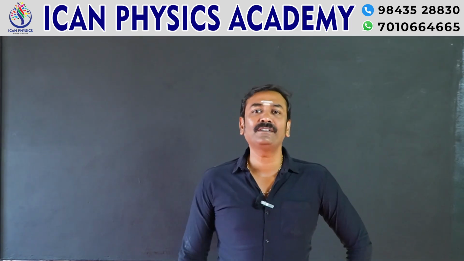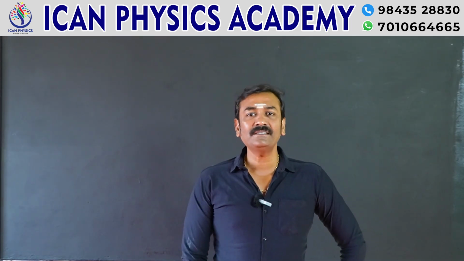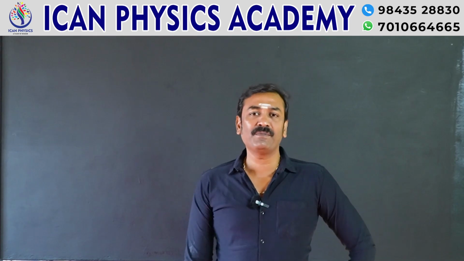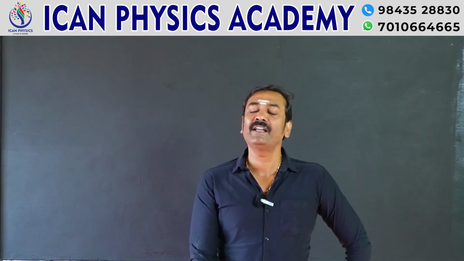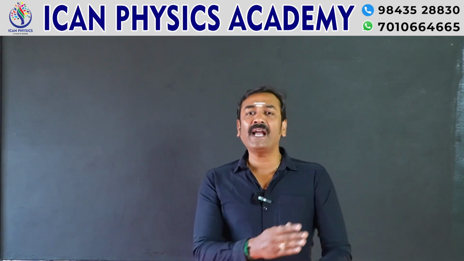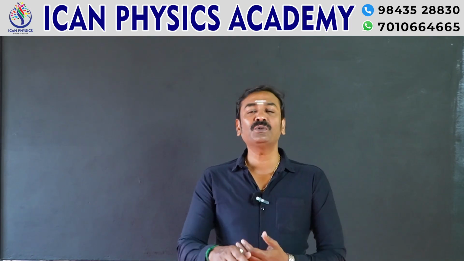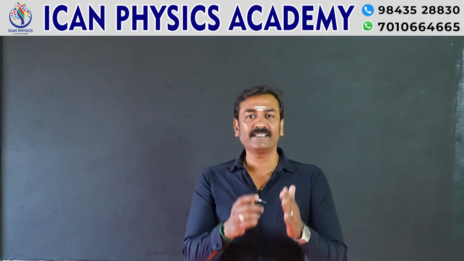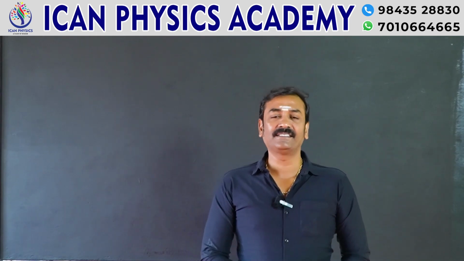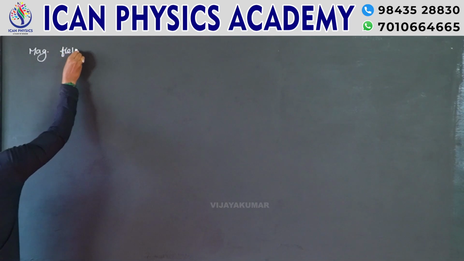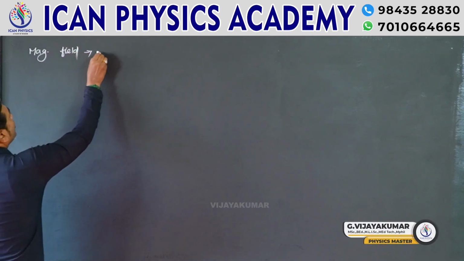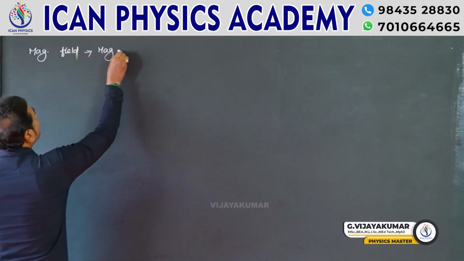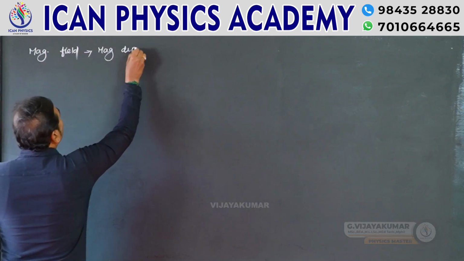Now in this class we are going to see the third lesson, an important 5-mark question. What question are we going to see? Magnetic field due to a magnetic dipole at a point along the axial line. Let's enjoy it.